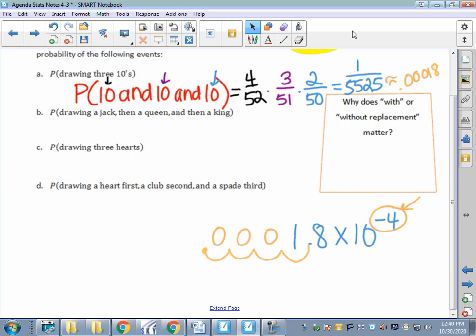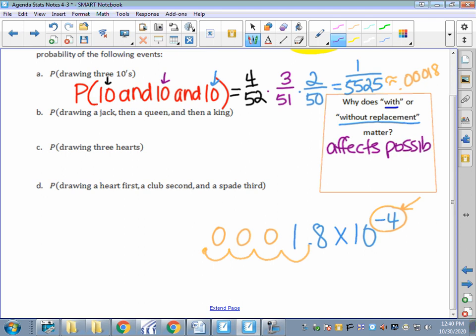So why does with or without replacement matter? What does this affect in the problem? It definitely affects the possible outcomes, right? With replacement, you have the same number of possible outcomes. So this affects possible outcomes, affects your sample space. And in the case of example A, it also affected our favorable outcomes.